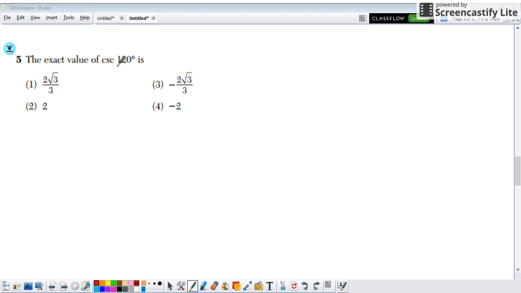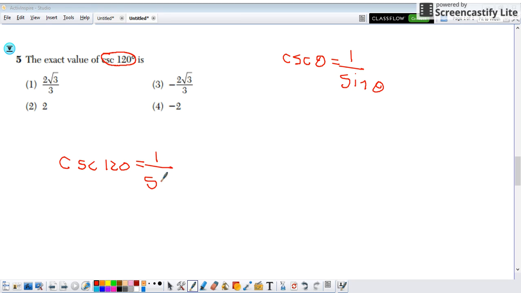Now, lastly, we're going to look at example 5, which asks what is the exact value of cosecant of 120. Now, before we move on, we got to remember that cosecant of theta is the same as 1 over sine of theta, which means that cosecant of 120 is equal to 1 over the sine of 120.